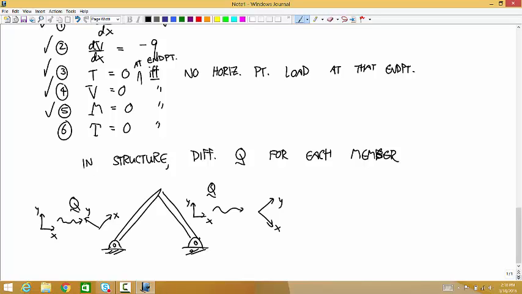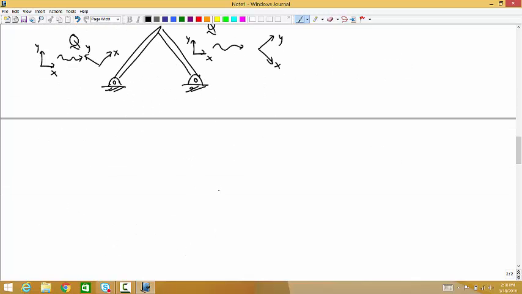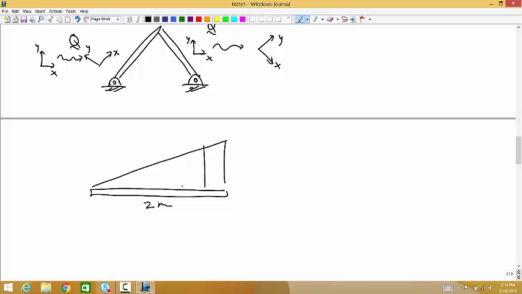Isn't that a little q? That's the slope of the distributed load? Is that what it would be? The little q is a downward distributed load function. So like if you have, okay, so if this is 2 meters and this is your distributed load, say this is 10,000 newtons per meter.